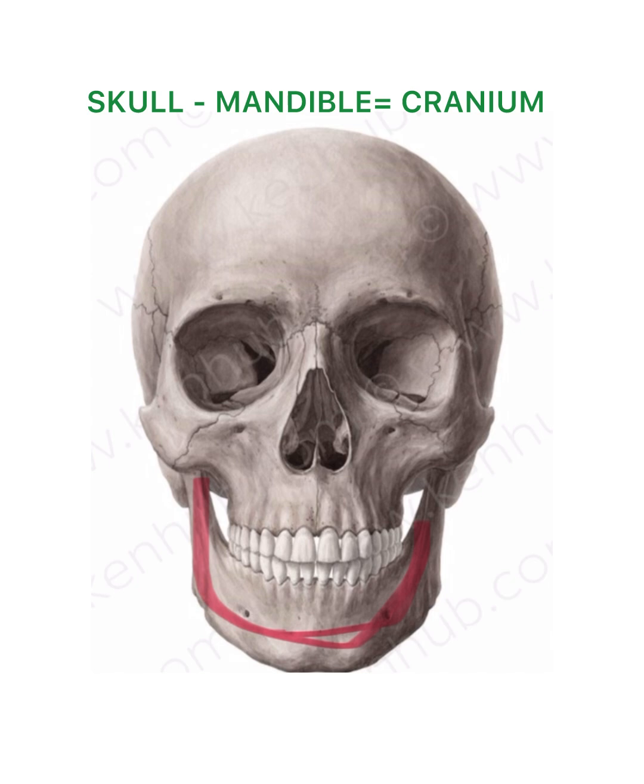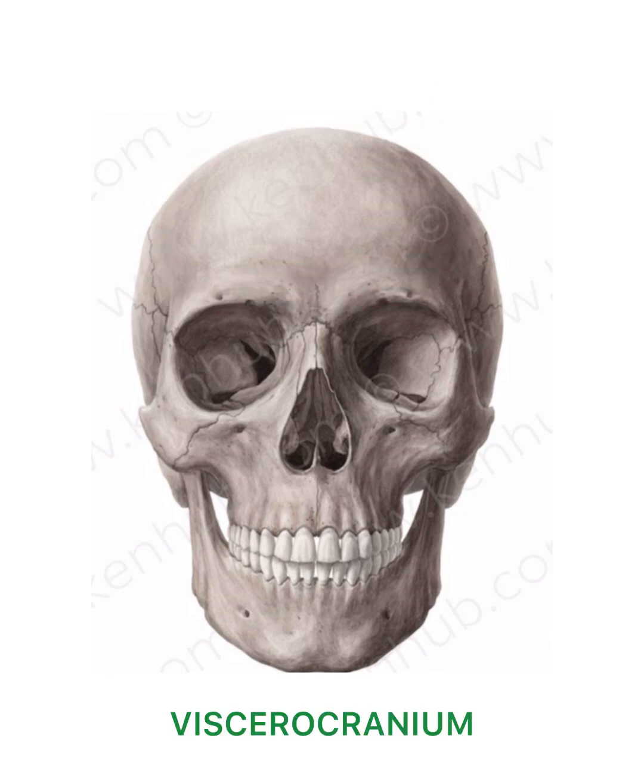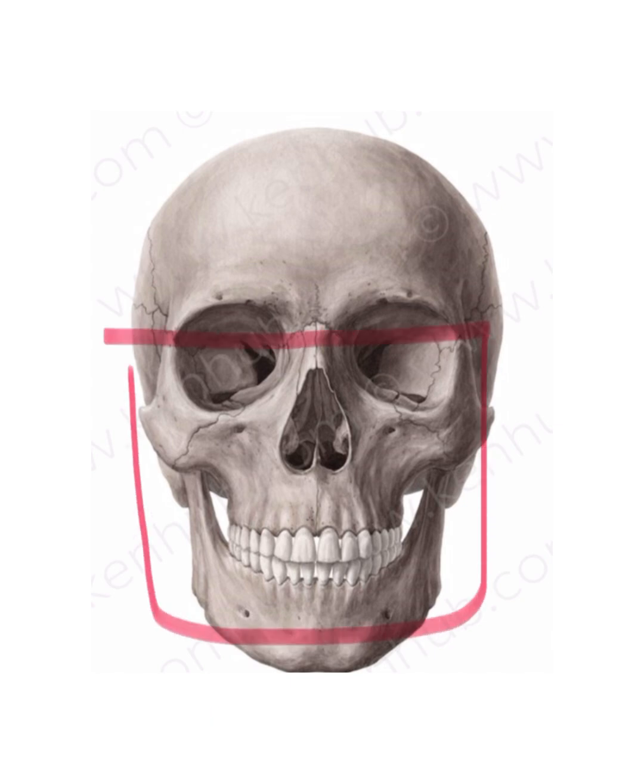The cranium is divided into the neurocranium and the viscerocranium. What is the neurocranium? The neurocranium means the bones that house the brain, while the viscerocranium are those bones that form the face. So we will be discussing each bone separately.